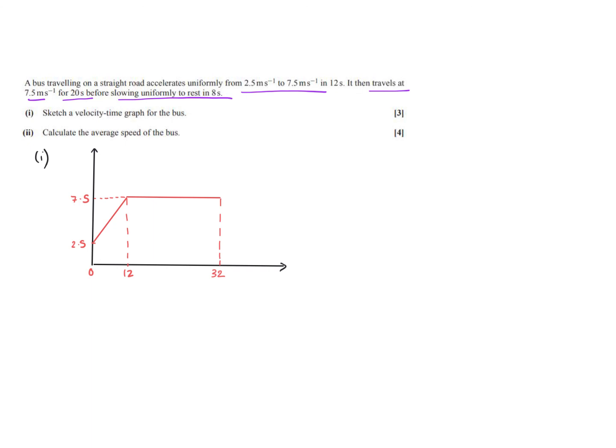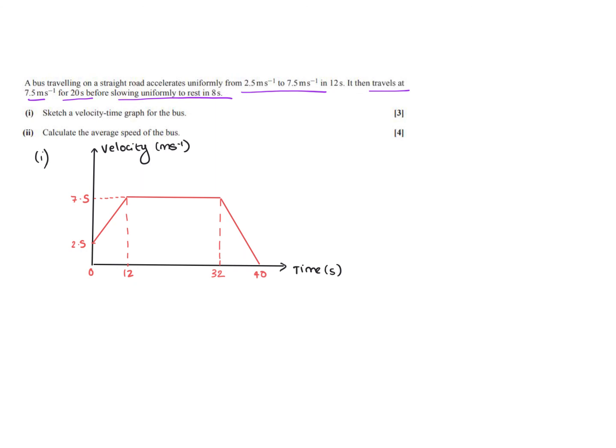So that means there's a final portion of the graph which takes us down to 40 seconds on the x-axis. So my x-axis represents time in seconds. My y-axis represents velocity in metres per second. And here is my velocity time graph.